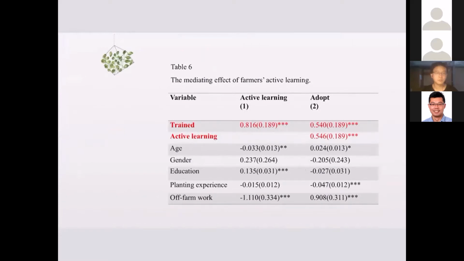Besides, we can see that agricultural training can significantly promote farmers' active learning, and farmers' active learning has a positive impact on their adoption decisions. So, agricultural training not only directly affects the banana farmers' adoption decisions, but also improves their adoption rate by strengthening their social interaction and active learning.